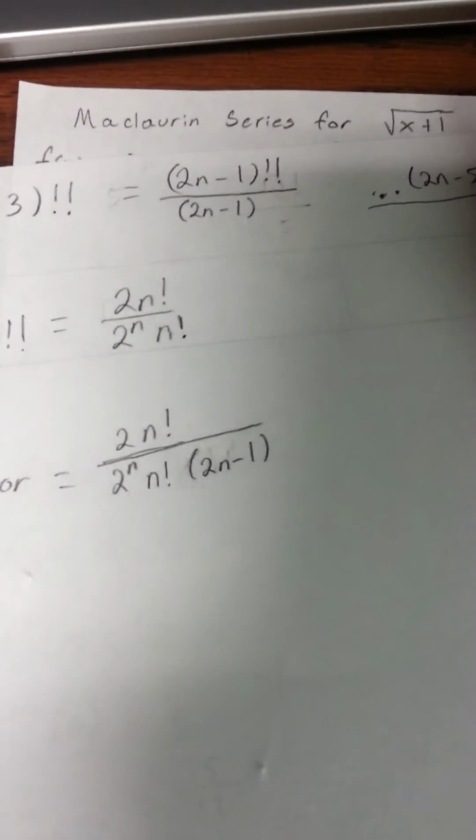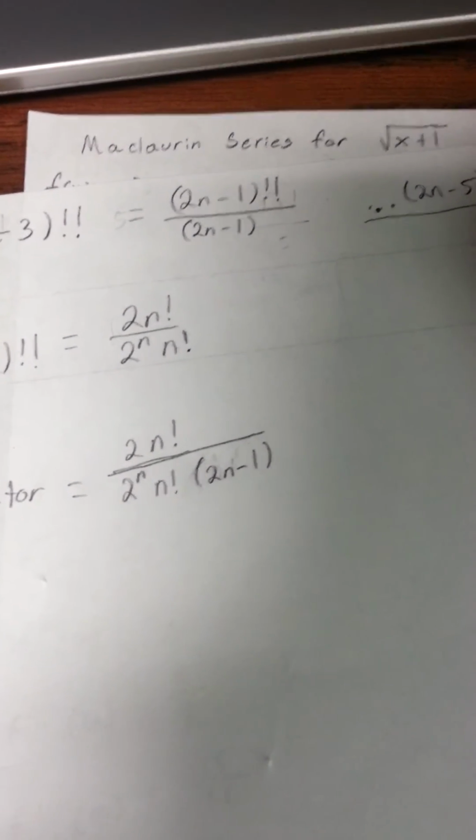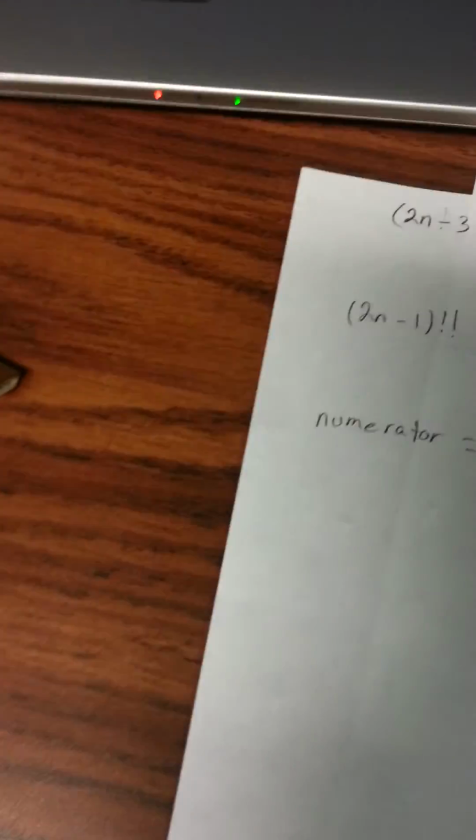And then if you put 2n, there's 1 on the bottom. Basically these can cancel out. You have the same thing, but you wrote it different. It's just a trick. And now we don't have the whole negative 3 factorial.